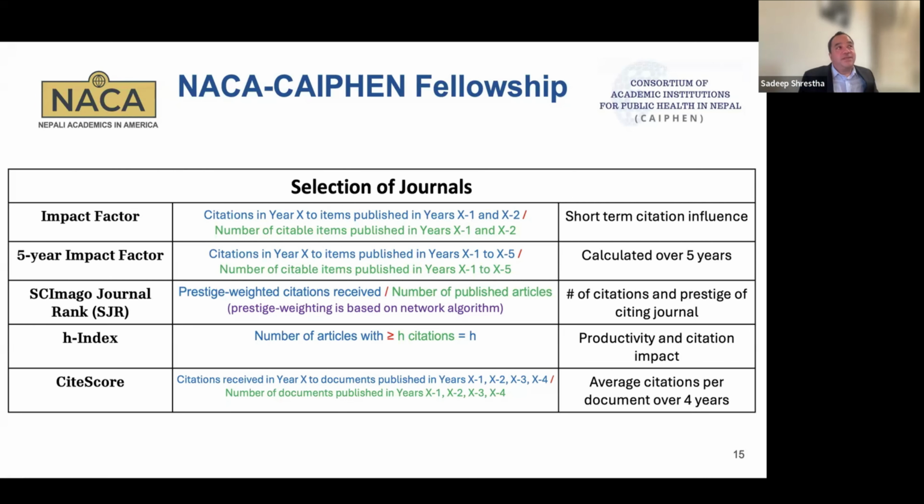So one of the things is you use the metrics. Everybody's probably heard of this impact factor. It is something that we look for, but at the same time, I would also caution that you be a little bit mindful, because if your discipline is very specific, some of the journals will not have a high impact factor.